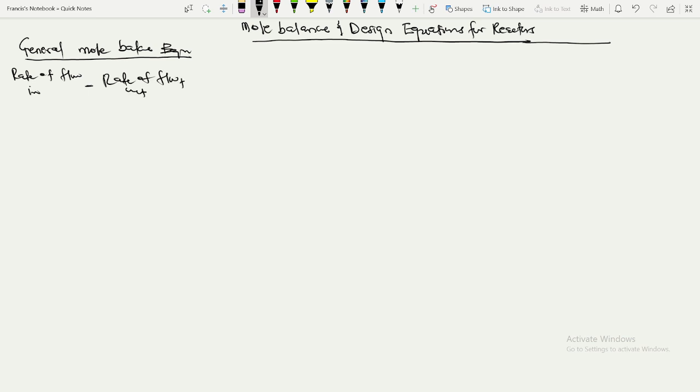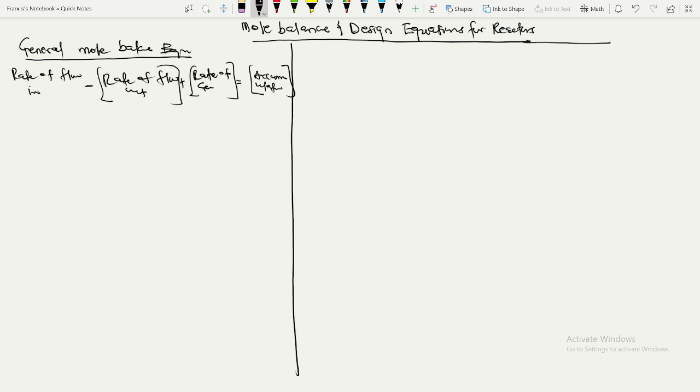plus rate of generation. And this should be equal to accumulation, the rate of accumulation in the reactor.